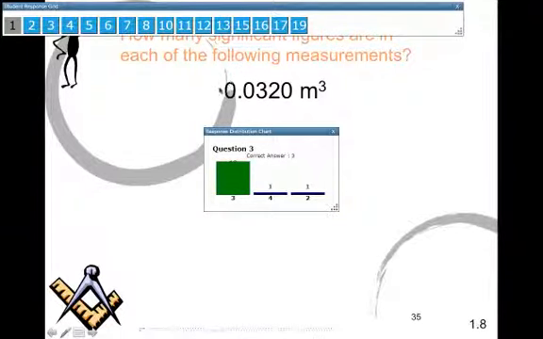Leading zeros are never significant. This is a trailing zero. Is there a decimal in that number? Yes, so if there's a decimal, it is significant, so we have a total of 3.